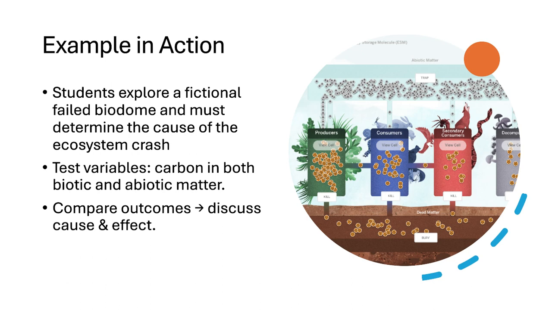And you could see in the image, the simulation basically looks very complex, but students using it every day get comfortable using it and start understanding what the different pieces of it mean. And they're actually able to control the amount of carbon in each trophic level.